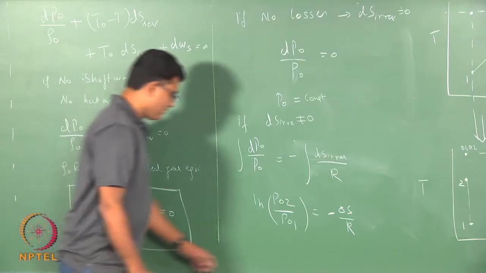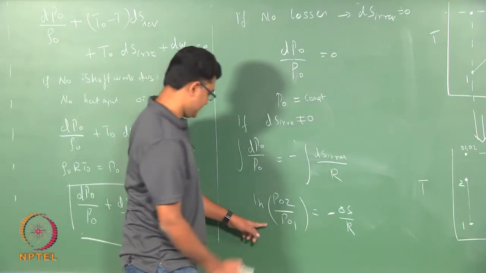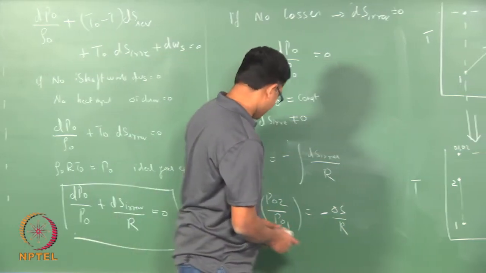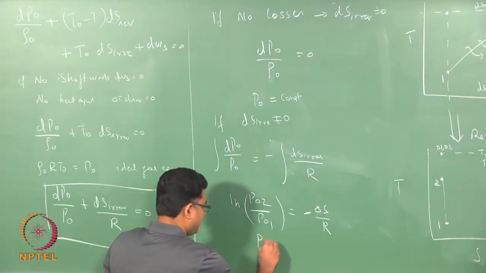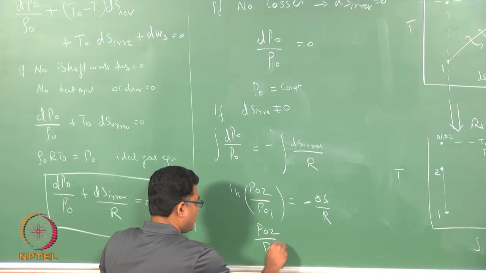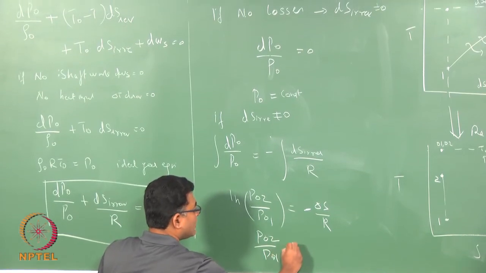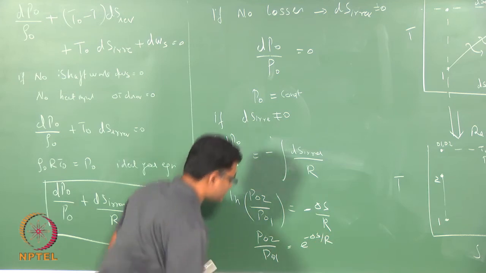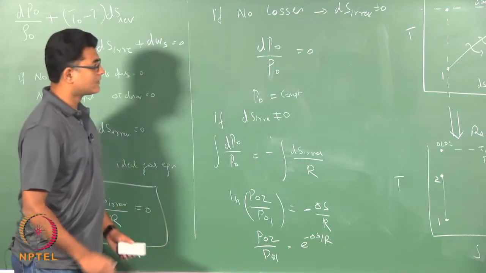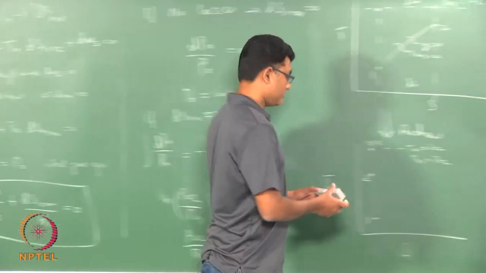If I take the exponential, P02 by P01 is exponential of delta S by R. This also means something.